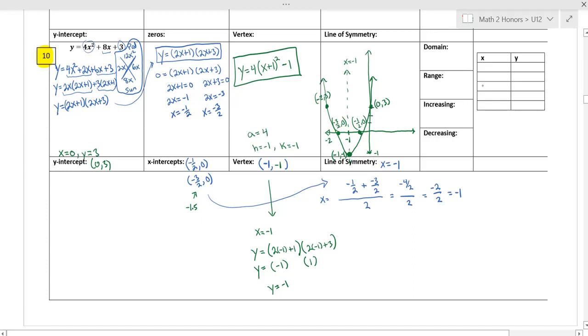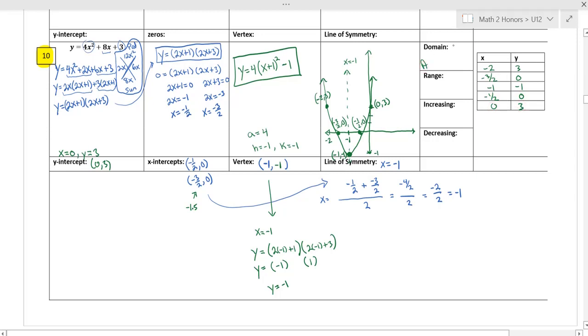And I got 5 points: negative 2, 3; negative 3/2, 0; negative 1, negative 1; negative 1/2, 0; and 0, 3.